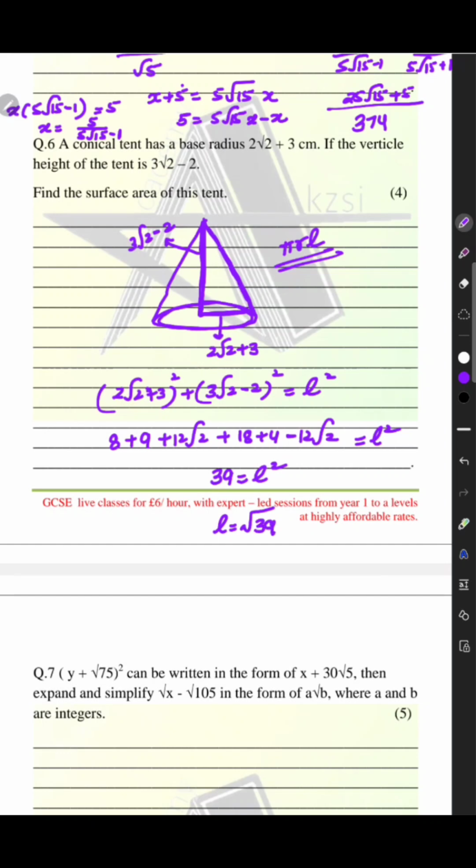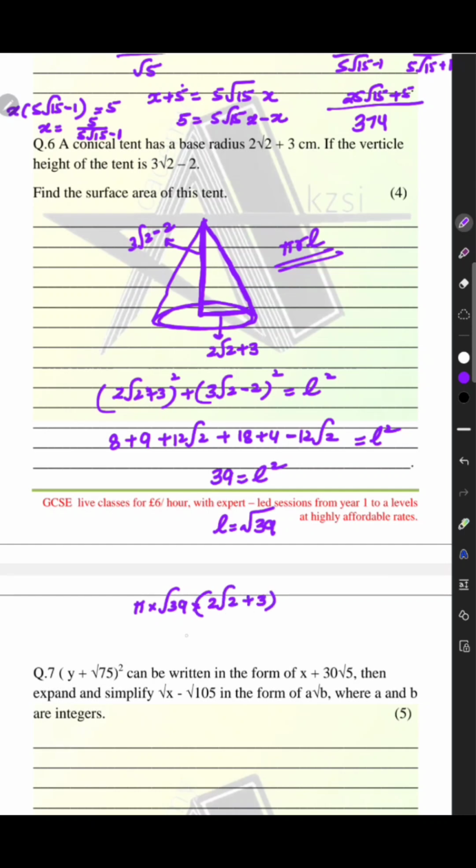So final area will be pi RL, which is pi times L times radius, 2 root 2 plus 3.